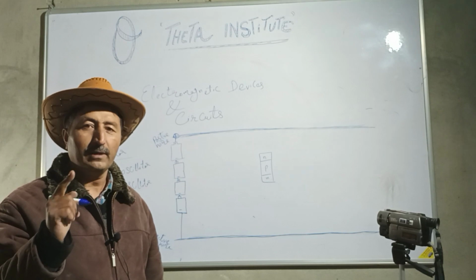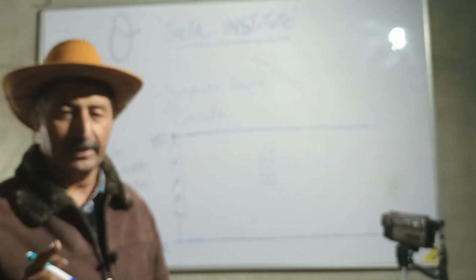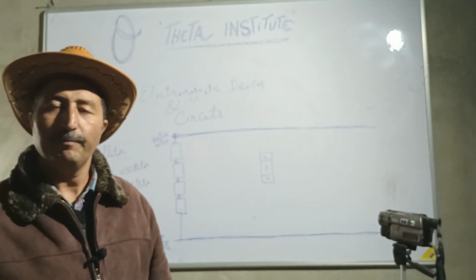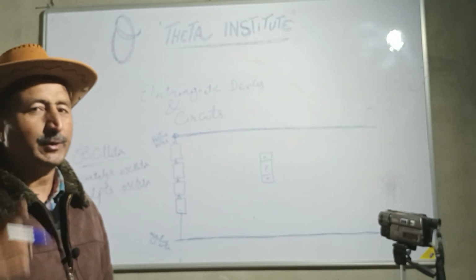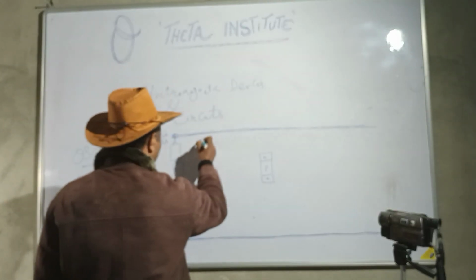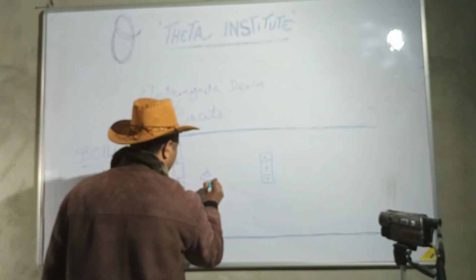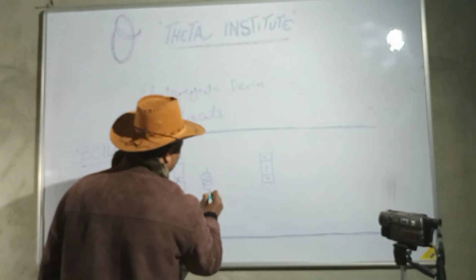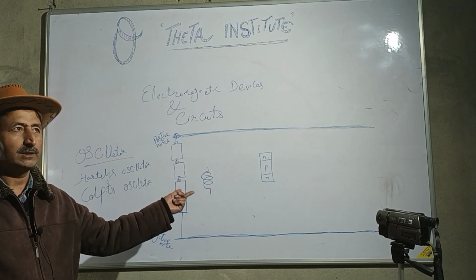On the contrary, a low frequency oscillator needs a coil of many turns. Let us make a high frequency oscillator. So we will take a few turns only, two to three turns only.